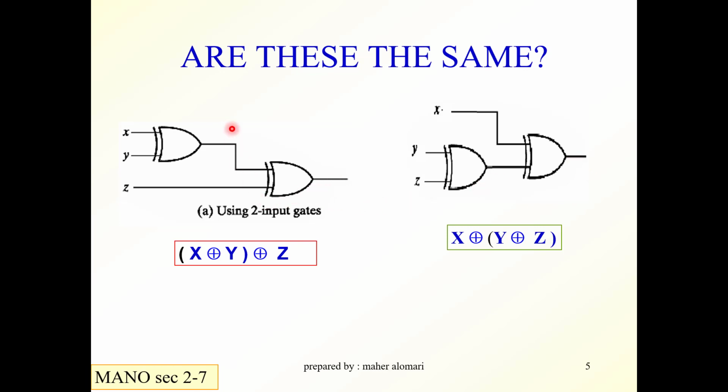It is equal to the output of this one, which is X exclusive OR with Y, and the whole thing is exclusive OR with Z. And this one, Y exclusive OR with Z, and before that, it is exclusive OR with X. If we prove that this expression here is the same as this one, that means these two circuits are equivalent.